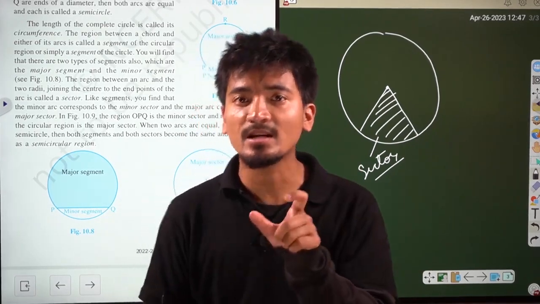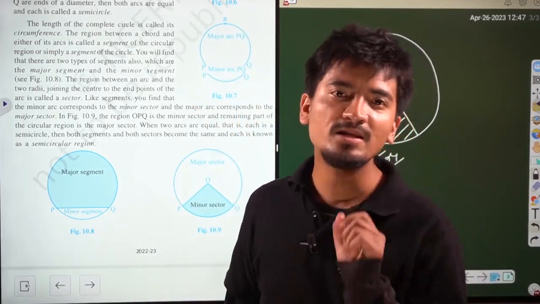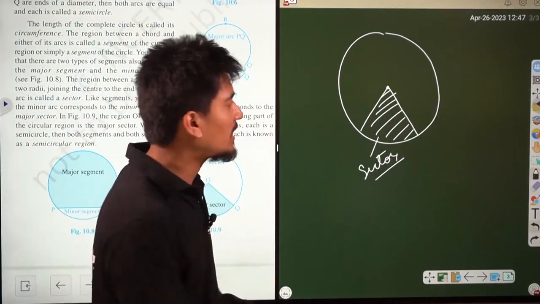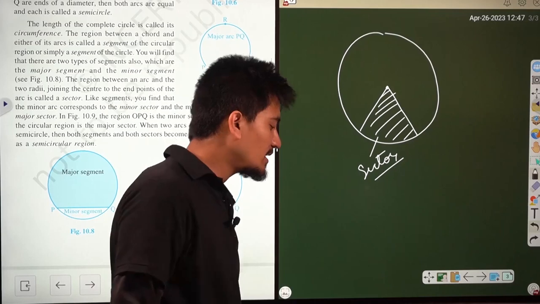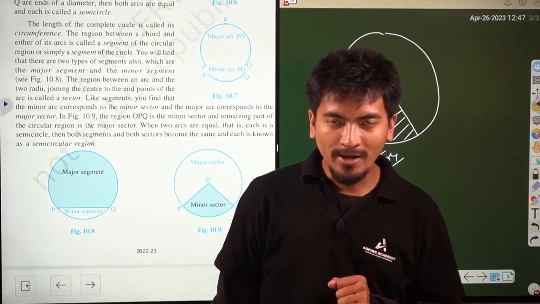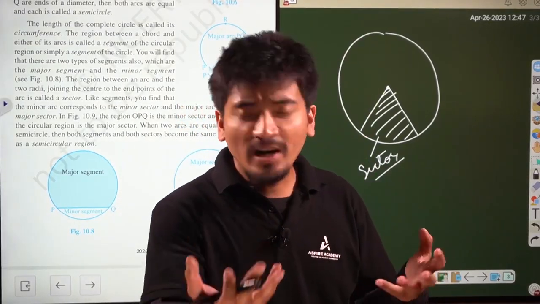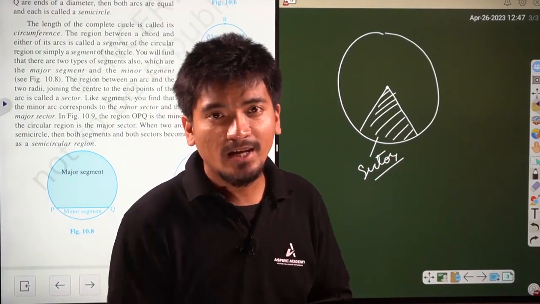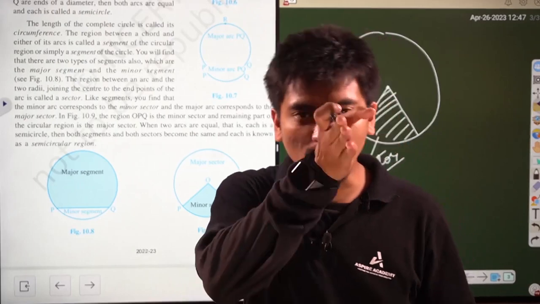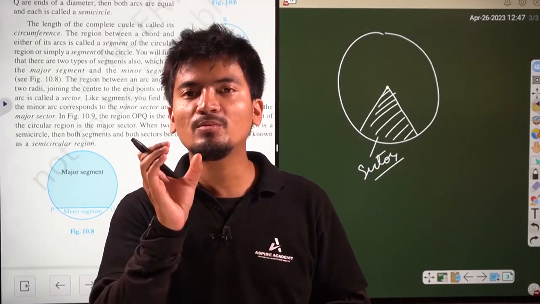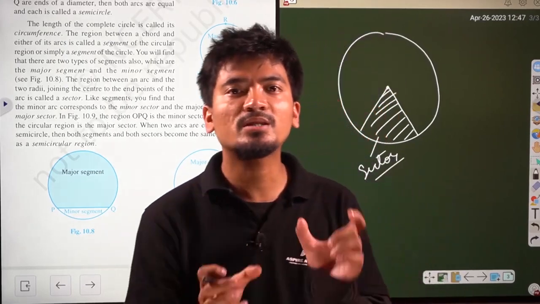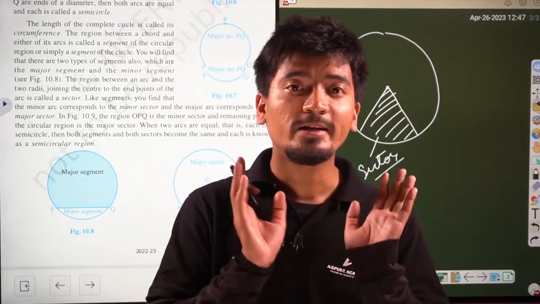So that whole part will be called a sector. Or else there is a whole cake, your birthday cake, and you are cutting that cake. When you cut the cake, you pull up one part and give it to your friends. So that whole part is known as the sector.